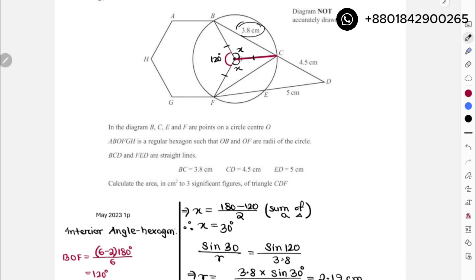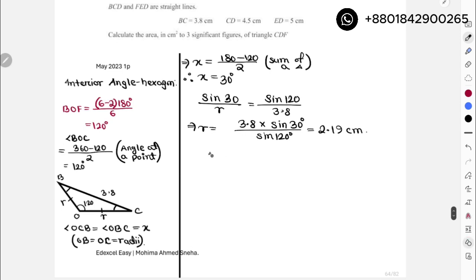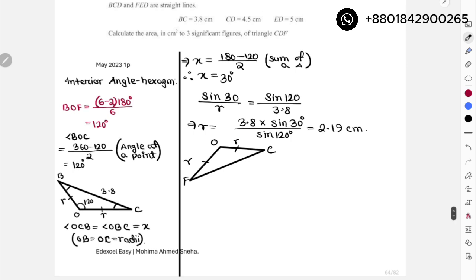Now again, using this radius, I can calculate the value for CF. I can now focus on FOC at this point. If we focus on FOC, OC and OF are the radii also, right? Which was 2.19 that you already got. This angle is going to be 120 again, right? So in that reference, if FOC is 120 and everything is given, I can use the cosine rule to find out the length for your CF.